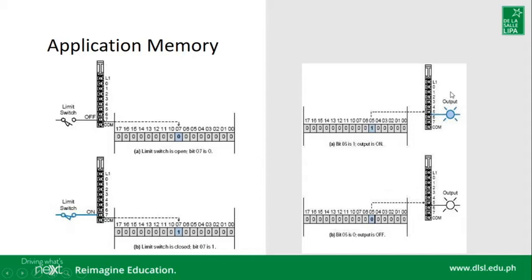While, let's say for example, in the program, the address 05 has been turned off. So it will be sending a signal to the output module address 05 in the PLC, making the lamp turn off.